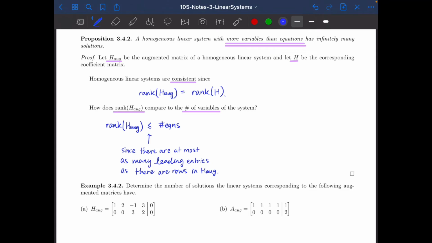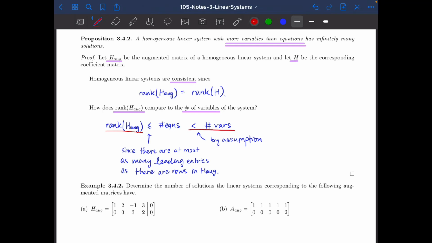If we have more variables than equations, then the number of equations is less than the number of variables. This is by assumption. And so what we found is that the rank of the augmented matrix is less than the number of variables.